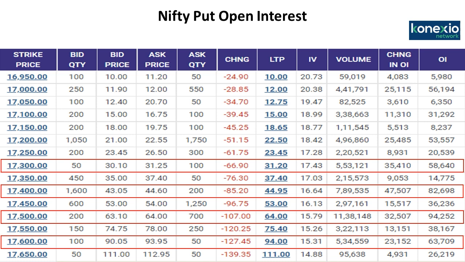So that clearly indicates that on the downside, maybe 17,400 to 17,500 could act as a very strong support, and smart money might be thinking that Nifty can't go below 17,400 for the next week.